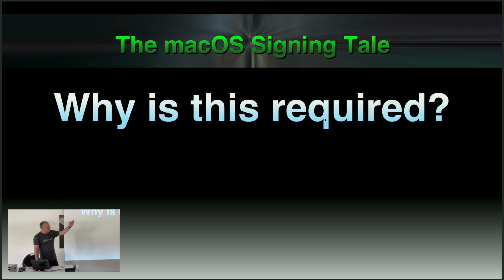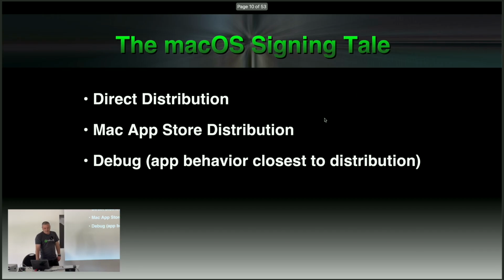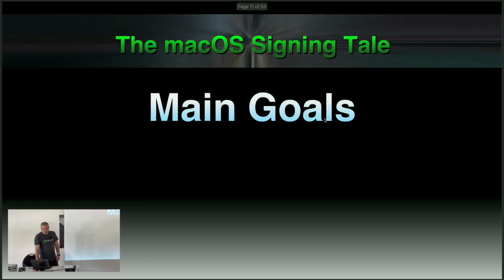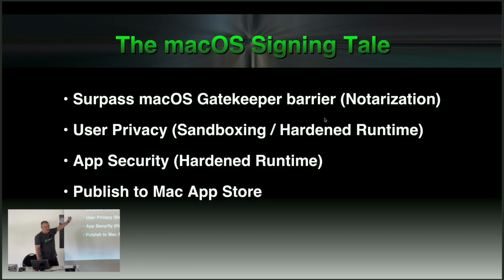Why is everything this required? For direct distribution, for Mac App Store distribution, and even if you want to debug your apps from the Soyo IDE with the same set of features that the user is going to experience once you distribute your apps. The main goals are, the first one, just surpass the Gatekeeper barrier, which requires notarization.